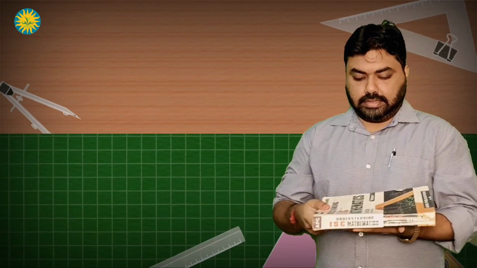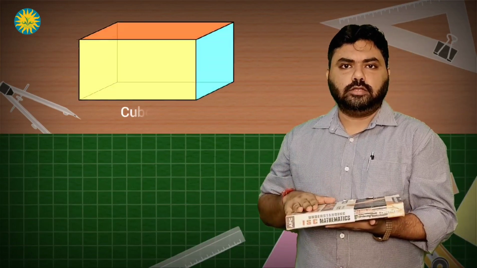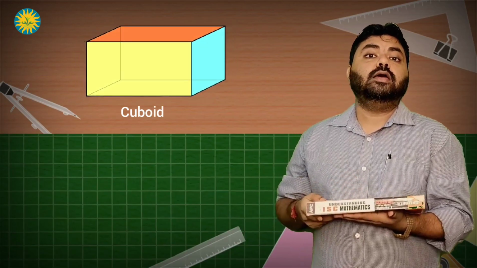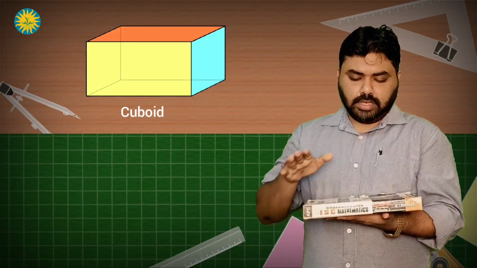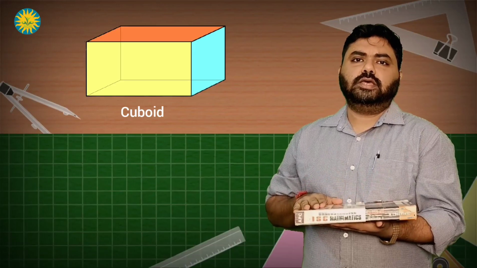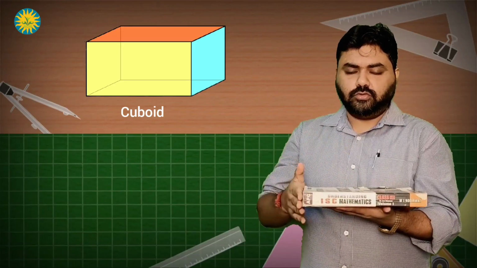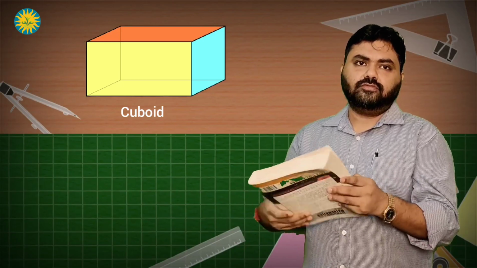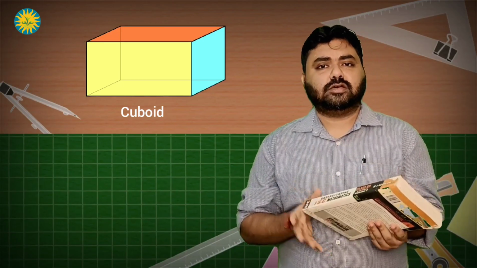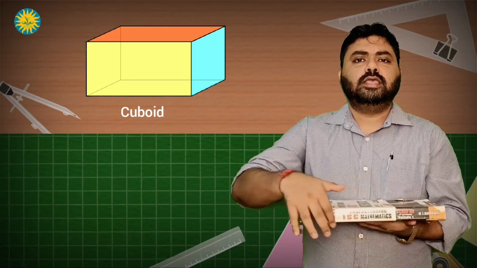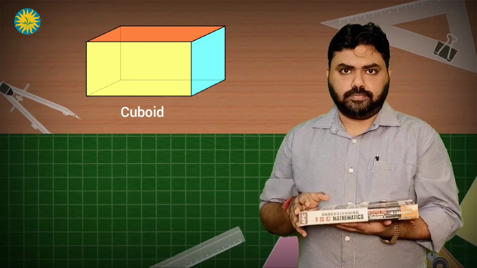For example, this is a 3D figure of a cuboid, also known as a rectangular parallelepiped. This three-dimensional figure has 6 surfaces: 1, 2, 3, 4, 5 and 6. These are the 6 surfaces, and each surface is a rectangular shape.